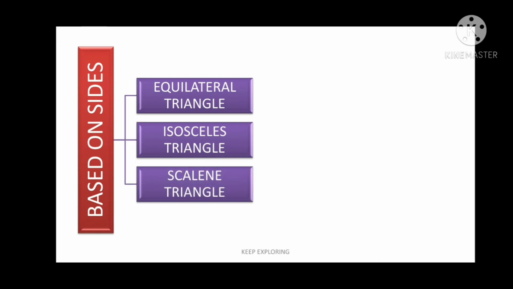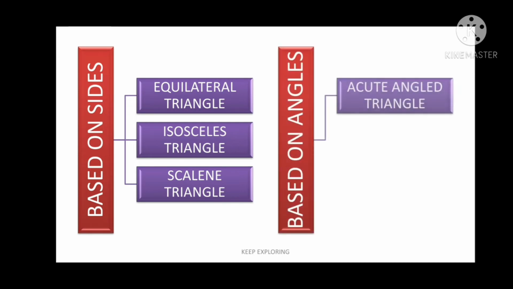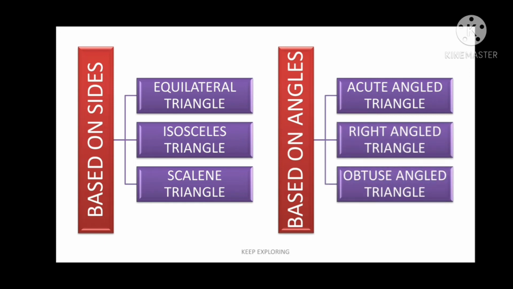These are the triangles based on the length of the sides. Next, based on angles: acute angled, right angled and obtuse angled triangles. So we have six types of triangles. Three are based on sides, three are based on angles. So let's know more about it.